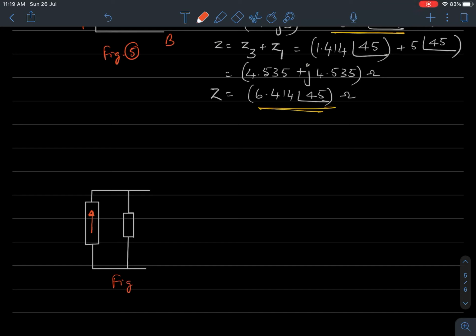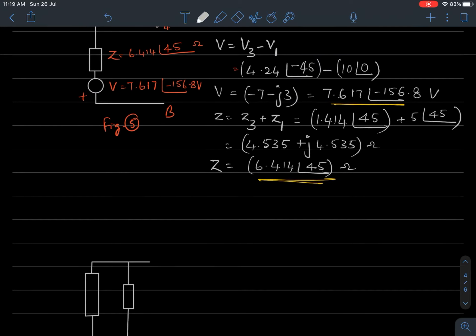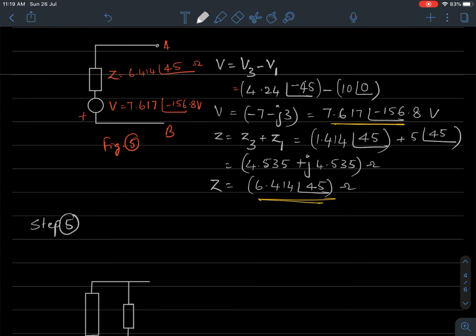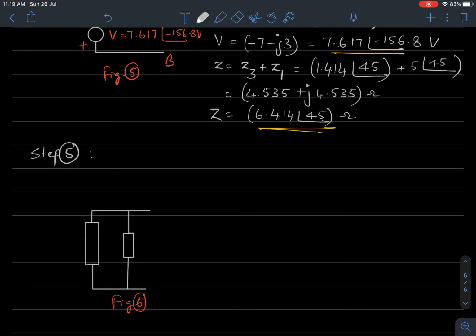Okay, this is my figure 6. And I will get rid of this arrow also. Now I will write the last step. That is step number 5. This is my V and Z.